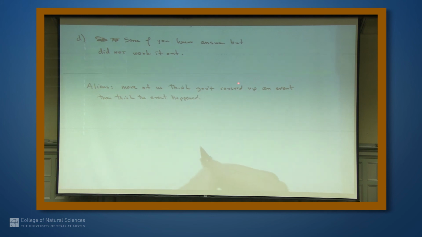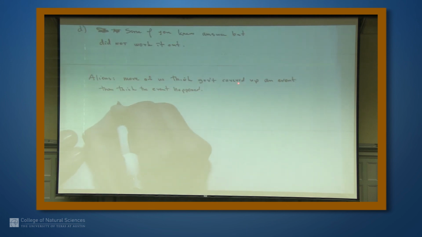And the two things I can propose, which may not be mutually exclusive, is people have an emotional response to conspiracy theories.